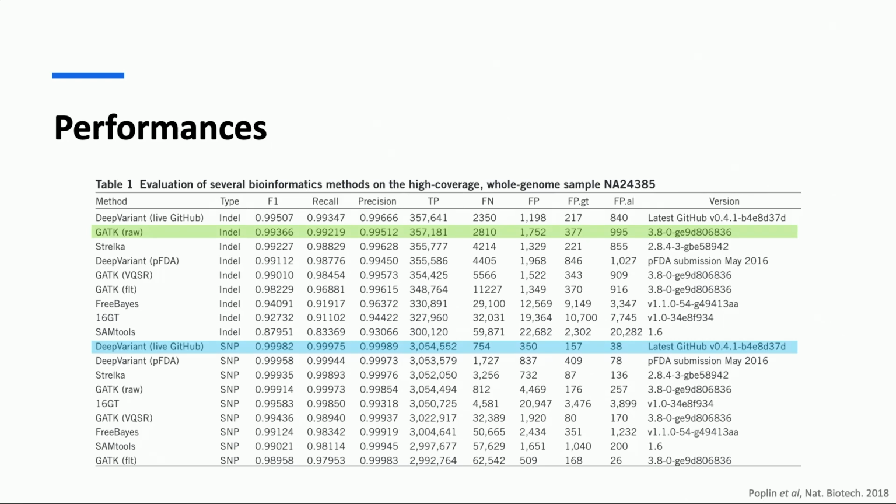And when they tested the performances of all of this, they actually discovered something quite difficult to really justify by first principle. This method, which is called DeepVariant, here highlighted in blue, actually managed to outperform even the state of the art back then, another software called GATK, which was based on more classical, statistical and machine learning approaches.